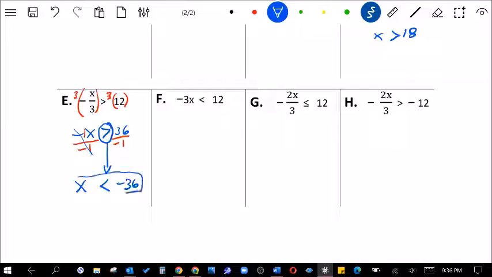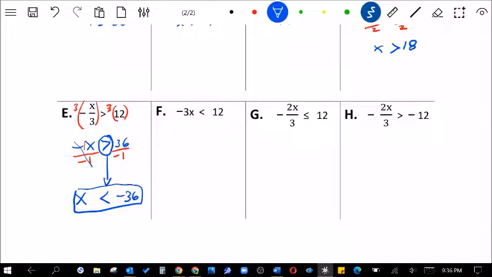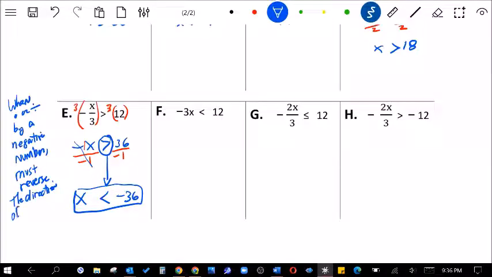That is vitally important. So write something on the side, or something like that. Write something about this: when you multiply or divide by a negative number, you must reverse the direction of the inequality sign.